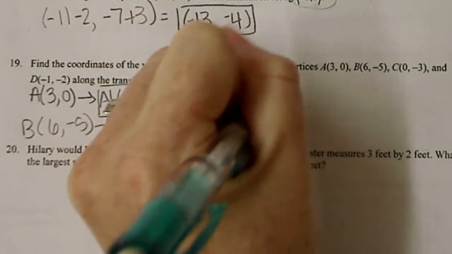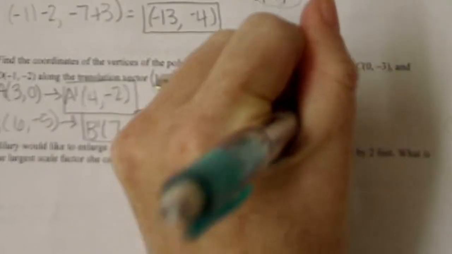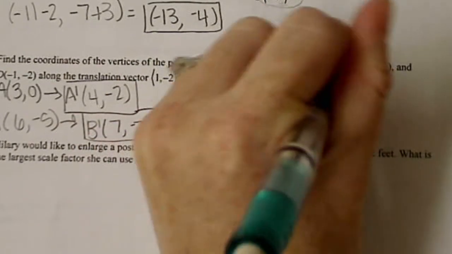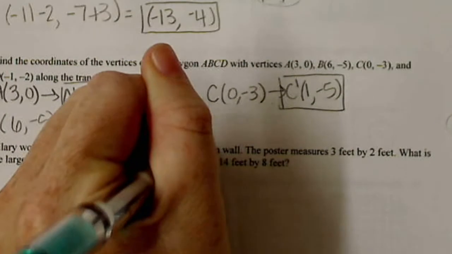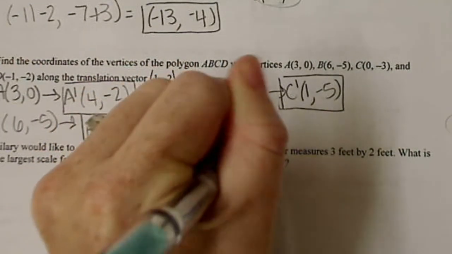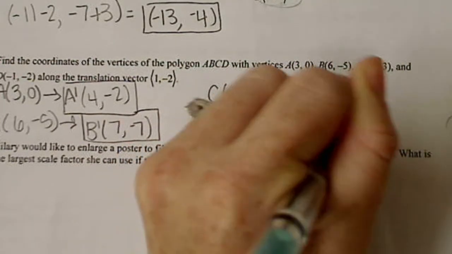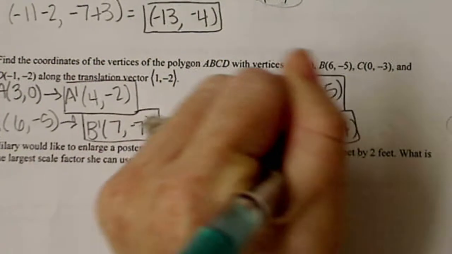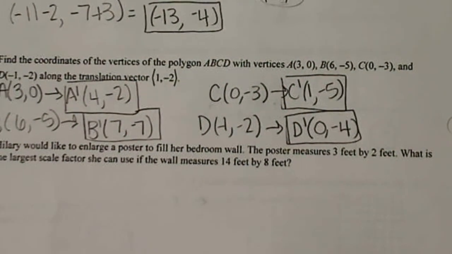C was 0, negative 3. Translate that, and it becomes 1, negative 5. And D was the point negative 1, negative 2. And it becomes 0, negative 4. So those are my new points for my polygon.